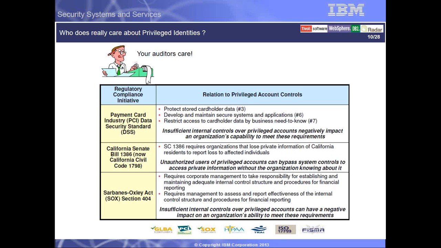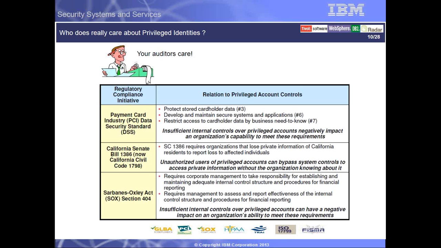Who does really care? It's our auditors. There are industry compliance standards, PCI, SOX, HIPAA, and so on and so forth. They have several controls suggested, and those need to be addressed, and these are quite much around privileged identities.